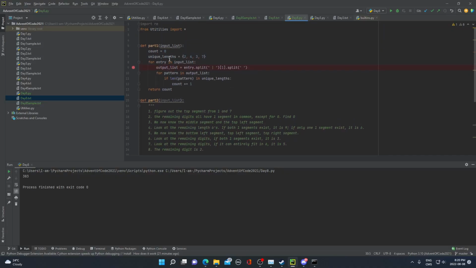So same thing, we don't need any count. Here's a unique length. Do we need that anymore? We might need more than one dictionary.